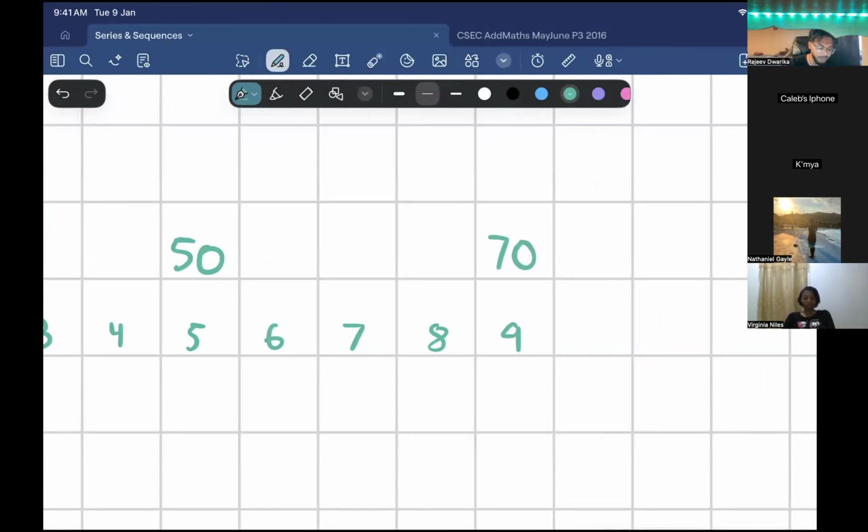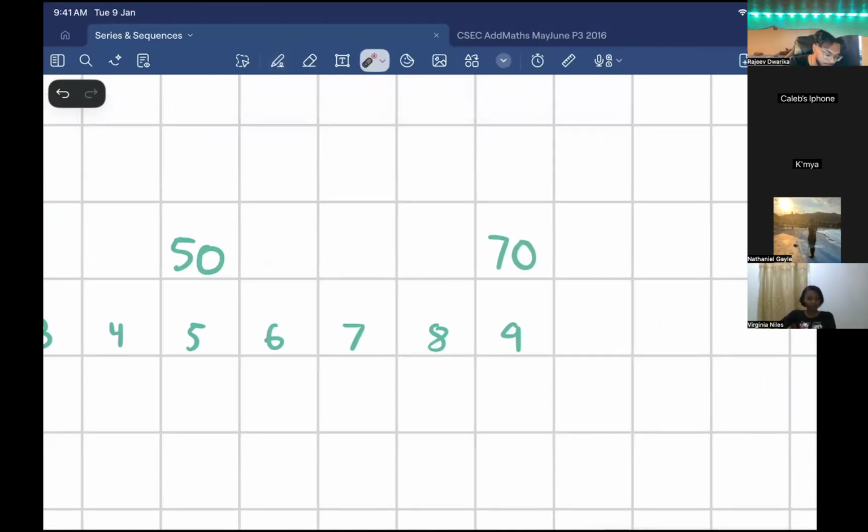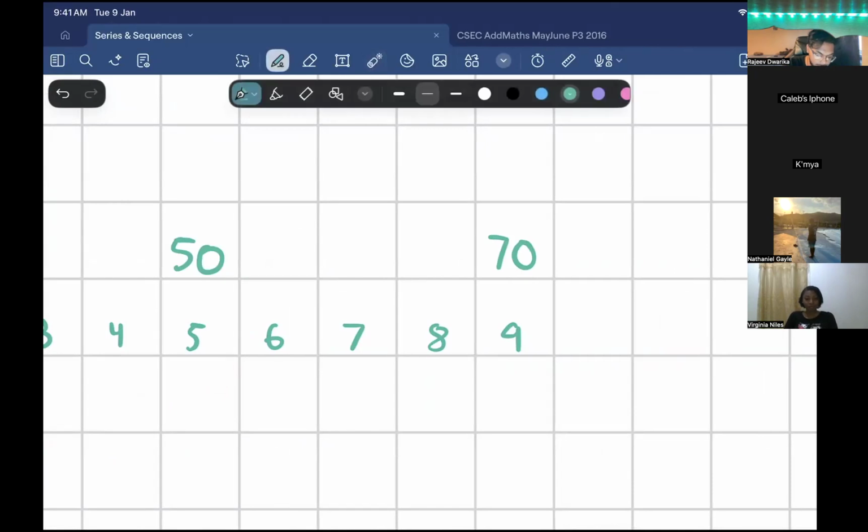Now we know that for every consecutive term in our AP, you add, and they said it was increasing by X. So from the fifth term to the sixth term, I would add X. So in the 6th month, it will have 50 plus X.